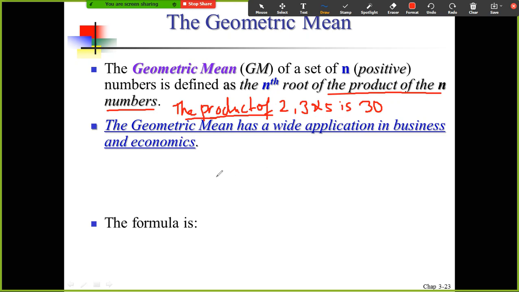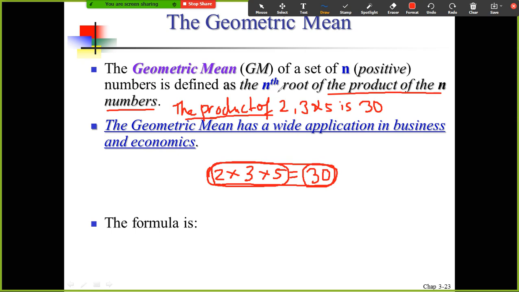I take 2 multiplied by 3 and then multiplied by 5, and I got 30. So the product of 2, 3 and 5 is 30. In terms of mathematical expression, it should be written like this. This is the product of 2, 3 and 5, and the result is 30.